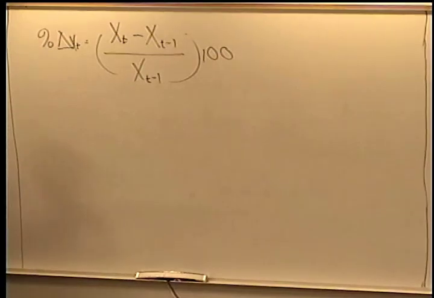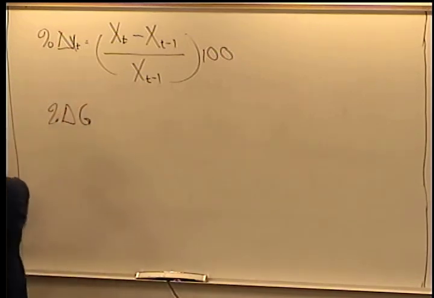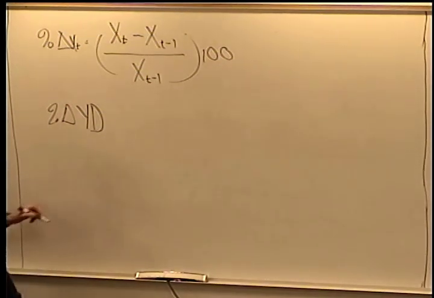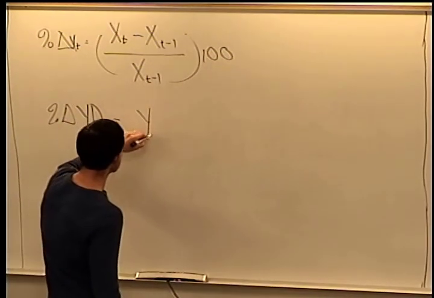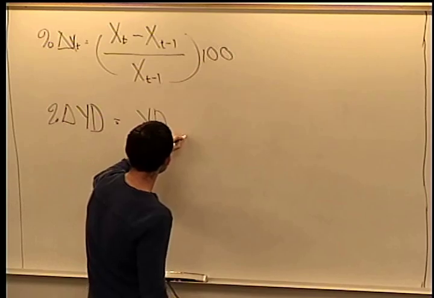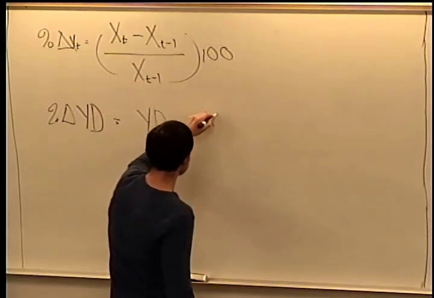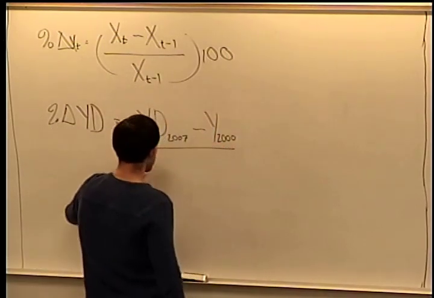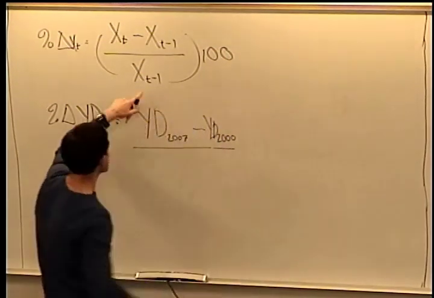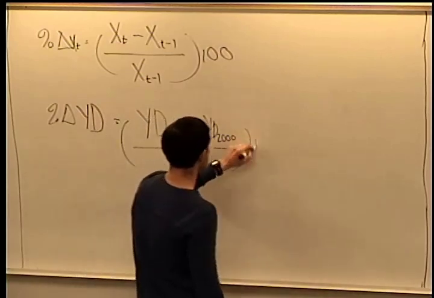Now let's find the percentage change in the GDP deflator, what we called YD. Well, that's going to be the GDP deflator in the later year, which was 2007, minus the GDP deflator in the earlier year, which in this case was 2000, divided by the GDP deflator in the earlier year, 2000, times 100.